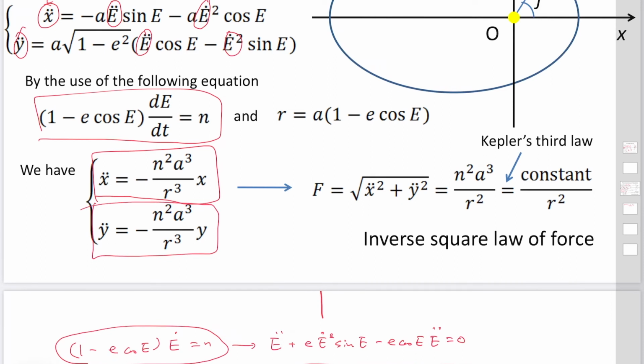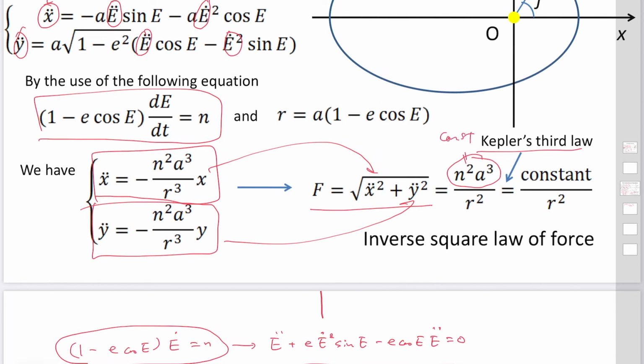The force can be obtained as the square root of x double dot squared plus y double dot squared. Then substitute this equation, and it becomes n squared a cubed over r squared. n squared a cubed, if you apply Kepler's third law, is a constant value.